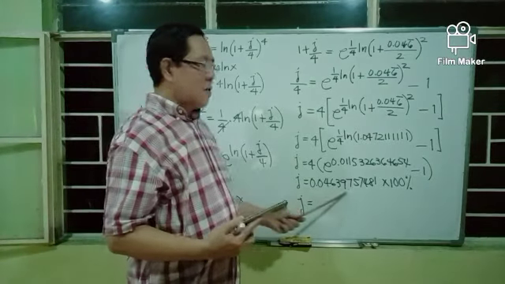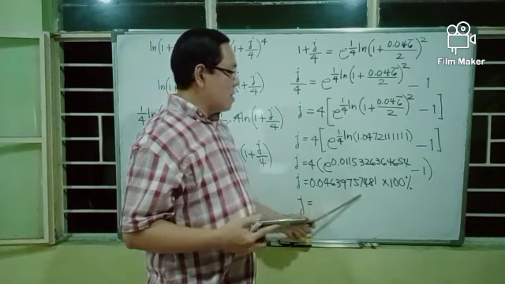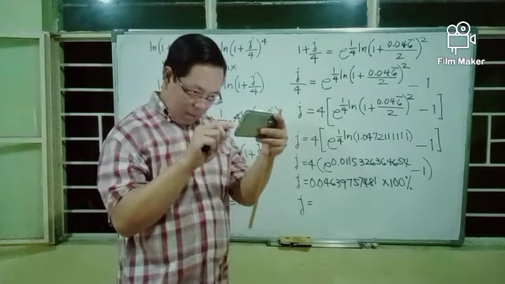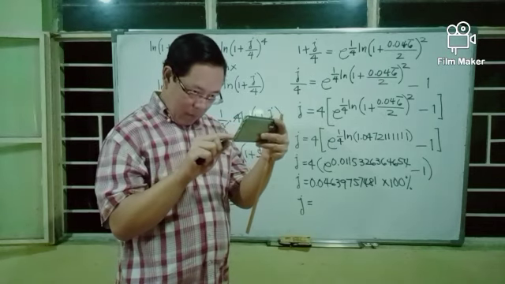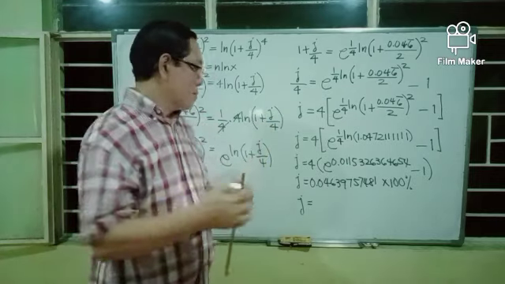This answer should still be in your calculator, and multiply this decimal number by 100 and you should get 4.6.